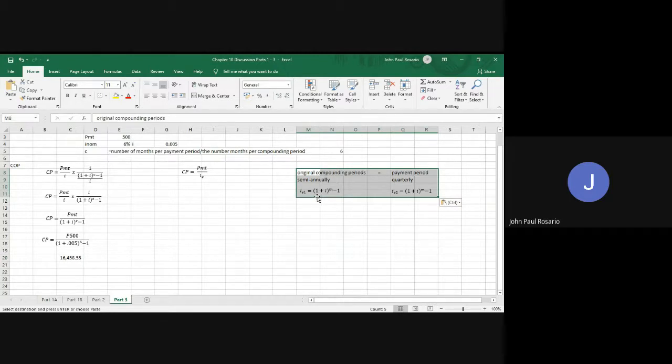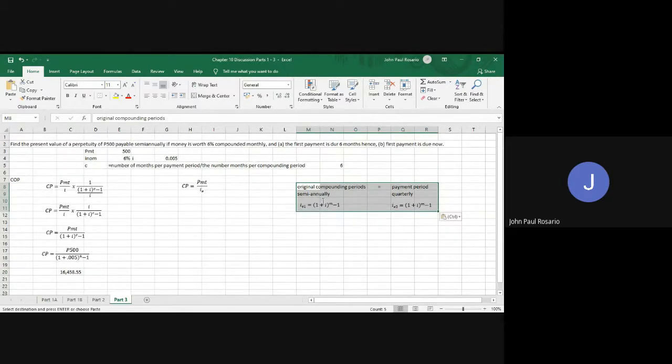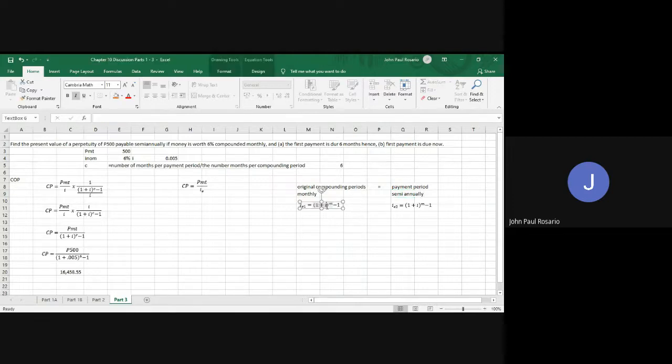The original compounding period is monthly, and then we transform that into semi-annually. So our I here is 0.005, and our M here is monthly, so that's 12.